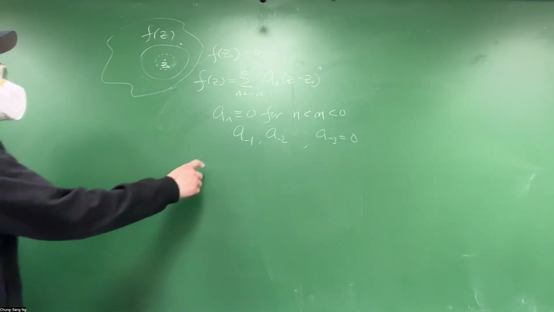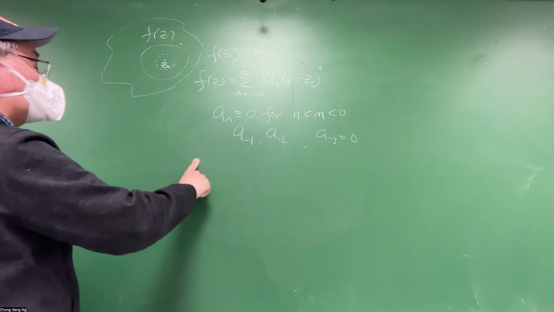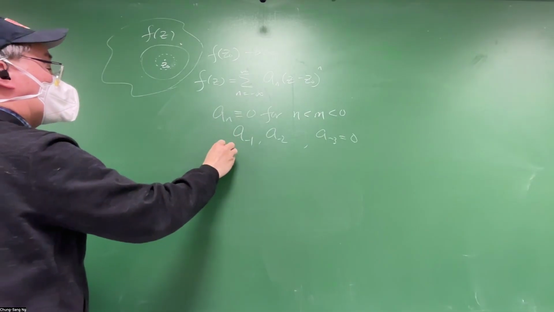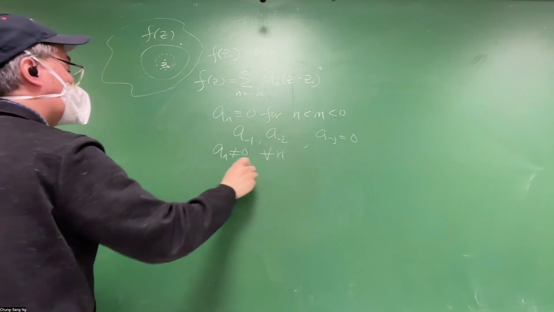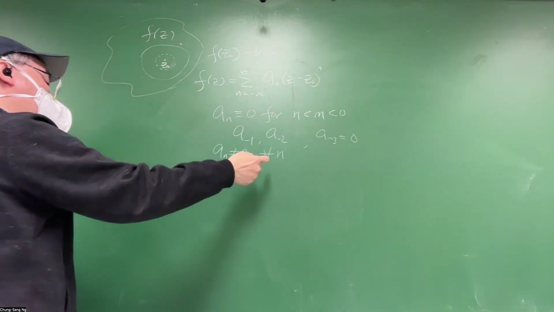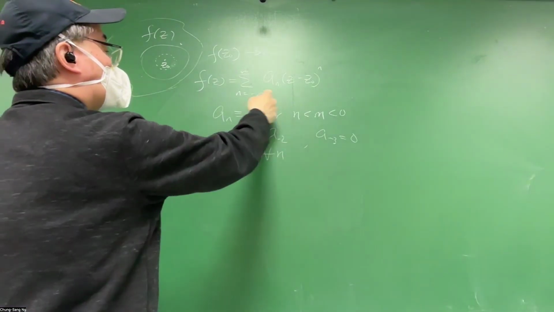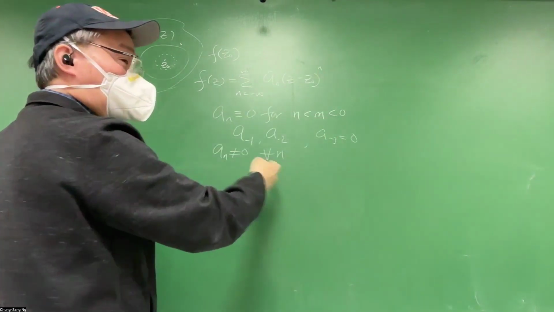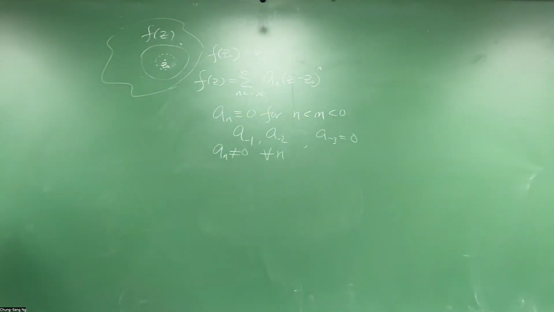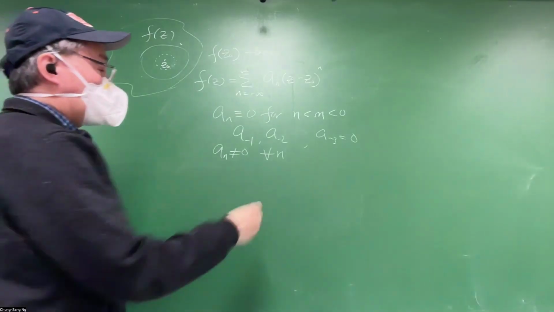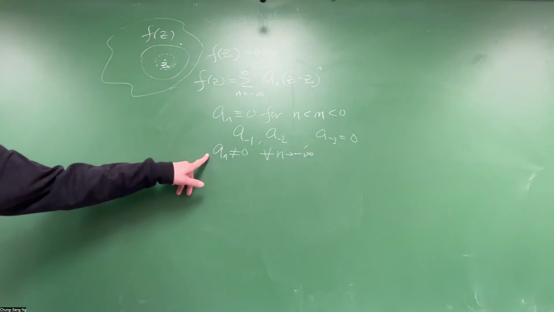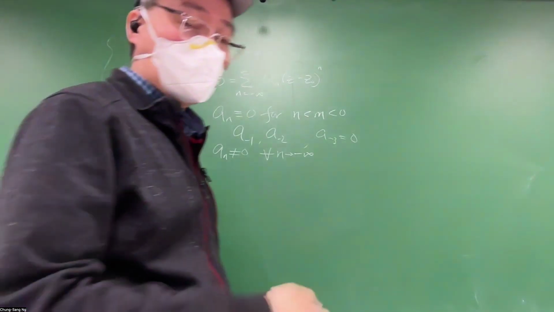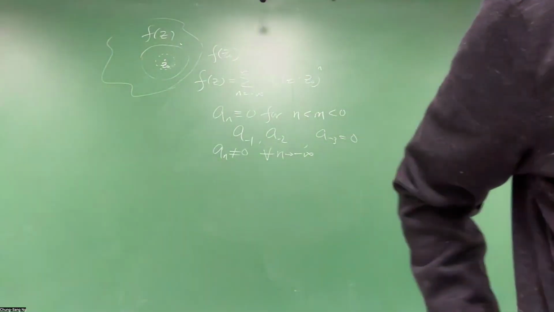Okay, and then there are series where a sub n are non-zero for all n, or for all negative n, I should say. It can truncate in positive n, doesn't matter. It's still an essential singularity. So for n tends to minus infinity, that's called an essential singularity.